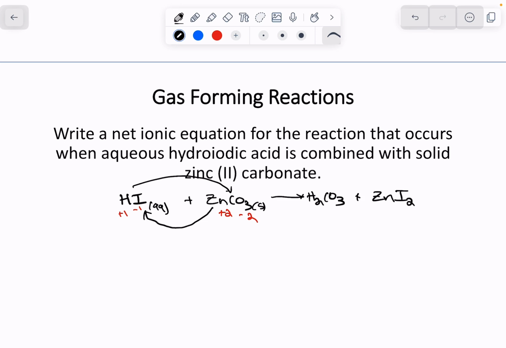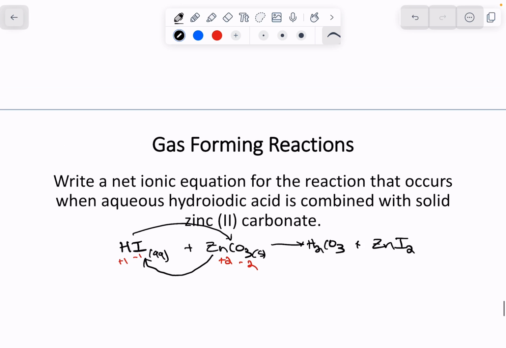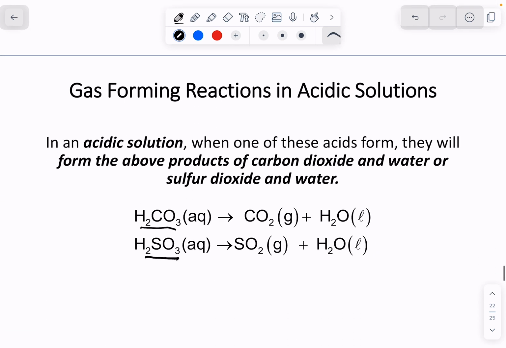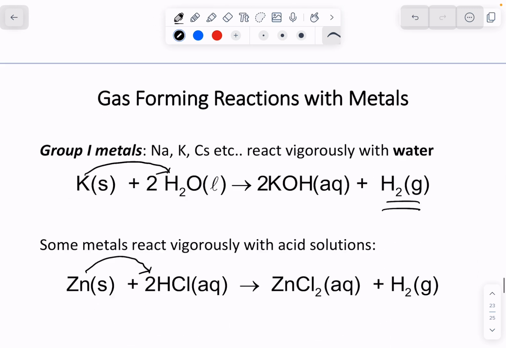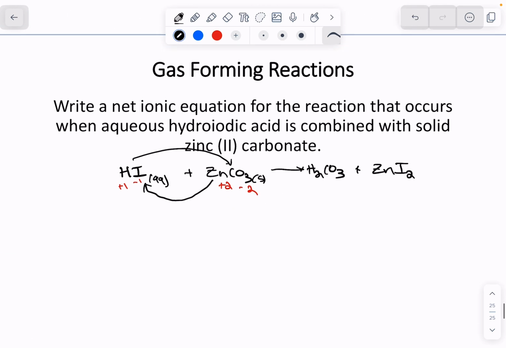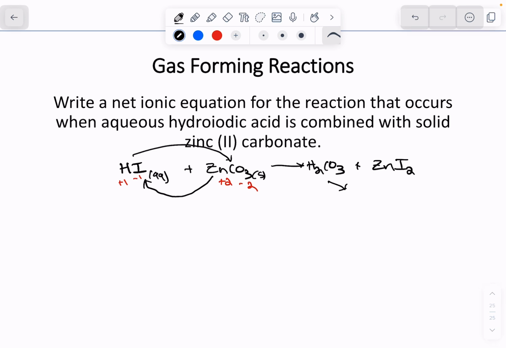Now, if we scroll back up and take a look, notice that when you make H2CO3, it breaks down immediately into CO2 and water. So if we come back down here, this is going to break down instantaneously to CO2 gas plus H2O liquid. Okay, so let's write this out and balance.